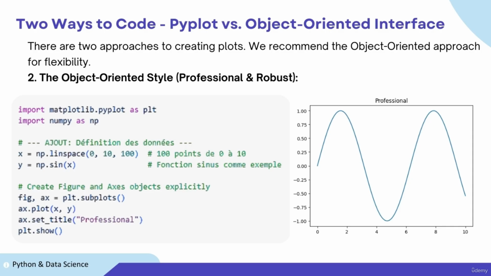Next, we create our objects, fig, ax = plt.subplots. Finally, we plot the data onto our axes, ax.plot of x and y. We also add a label, sine wave, and set the color to blue. Finish with plt.show, and there you have it, your first professional object-oriented plot.